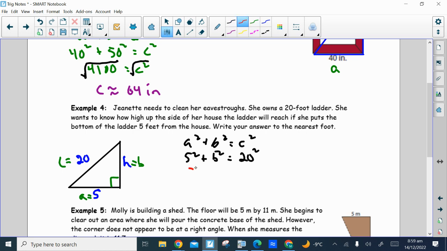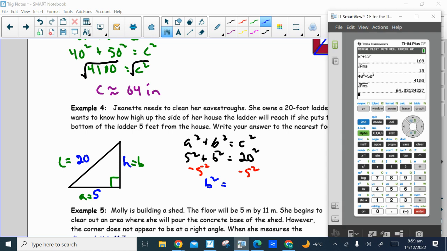But we can subtract 5 squared from both sides and it's the same thing. It just saves us one step. But that'll now give us b squared by itself on the left. And on the right, I can do that on my calculator. 20 squared, take away 5 squared. That's 375.